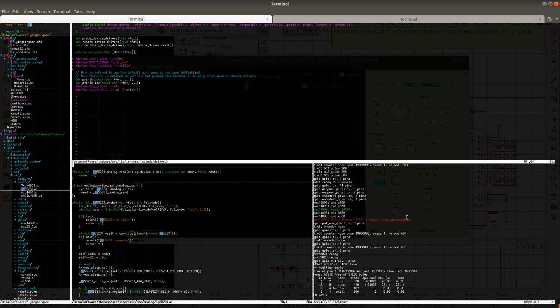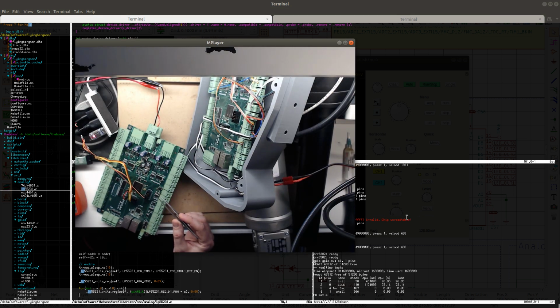I fixed this chip. And now I have this chip to fix.